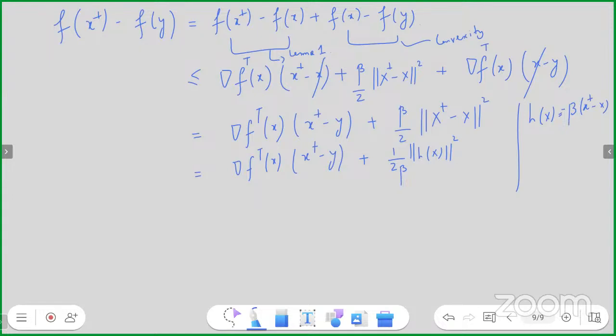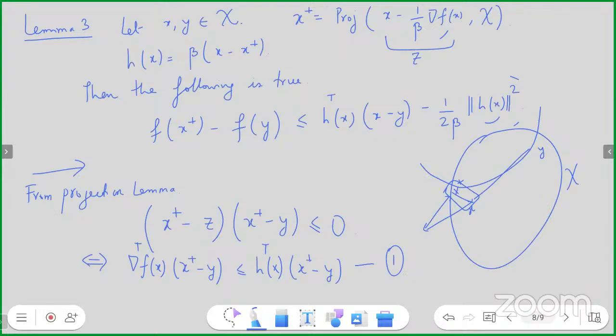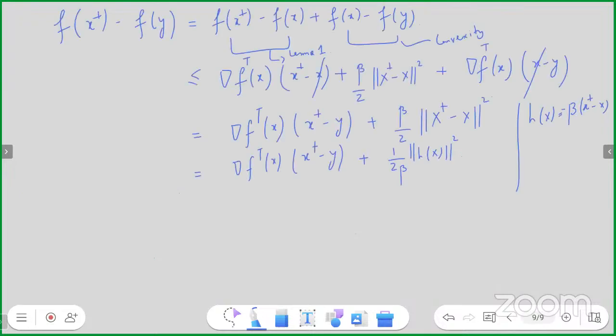That's what we proved in the last board. So from our projection lemma, what did we prove? Keep track of what all we are doing. What is my equation number 1? It's exactly that. The gradient f of x times x plus minus y is less than or equal to h transpose x plus minus y. That's precisely what I want here. So h transpose x times x minus y minus 1 by 2 beta.